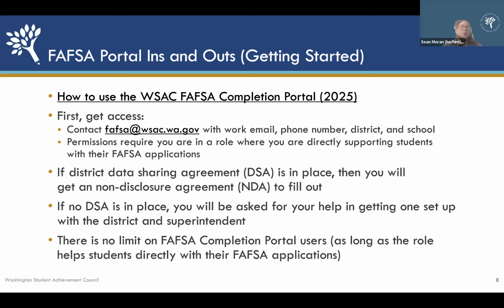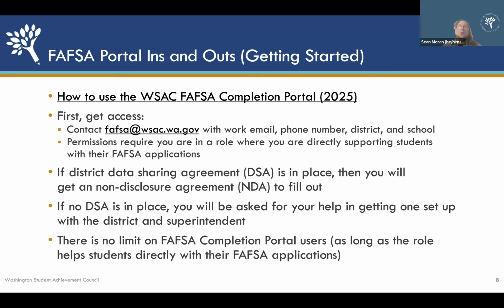But the biggest thing with the FAFSA Completion Portal is we do have both student NDAs and DSAs, so data sharing agreements, non-disclosure agreements, but we also have nonprofit or community-based organization DSAs. This is in case there's a nonprofit that is supporting all of the seniors at your school, then they can sign up for this.